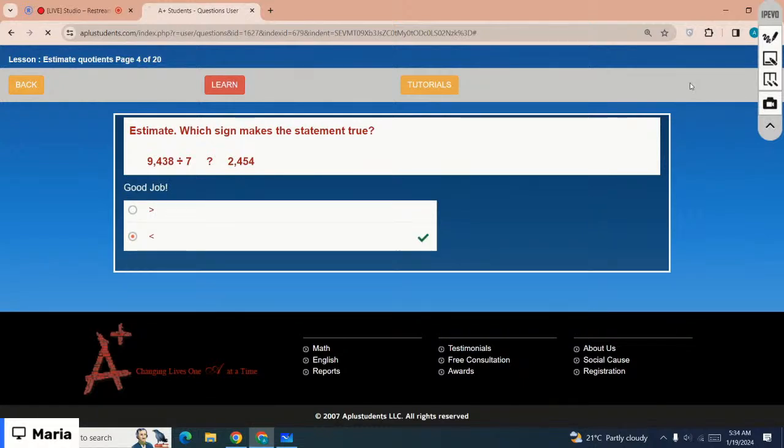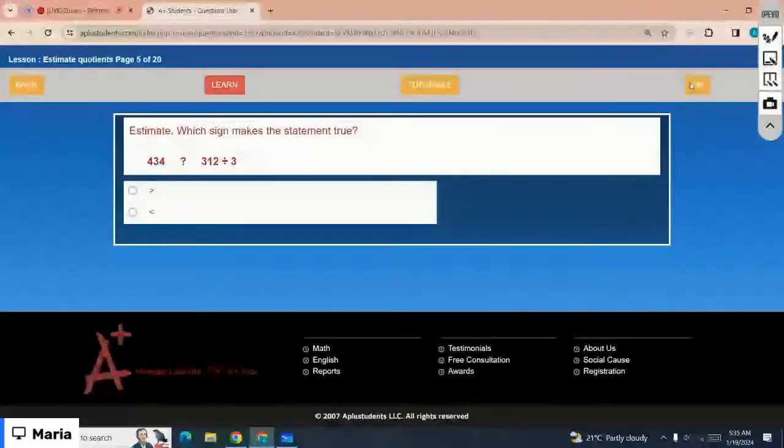Okay, 434, you have to compare it to 312 divided by, which is the option. The correct option is greater.